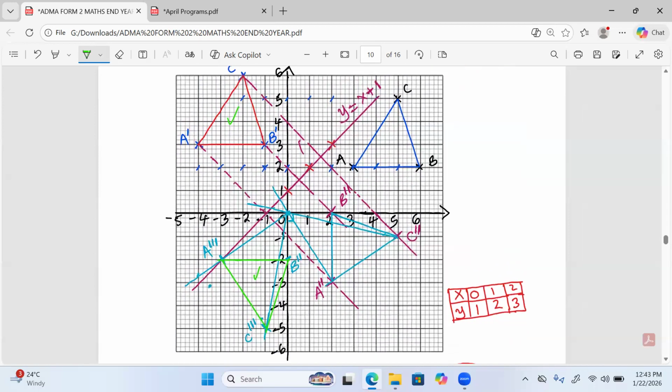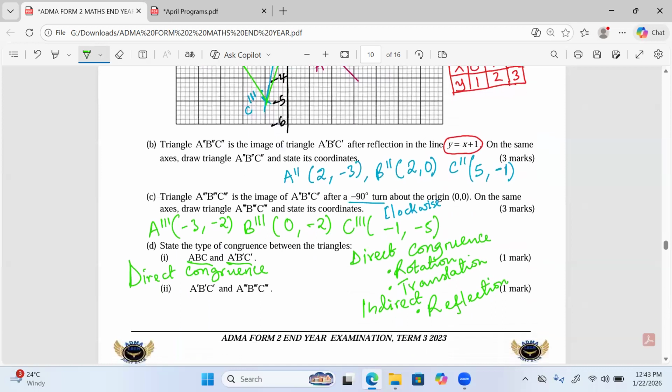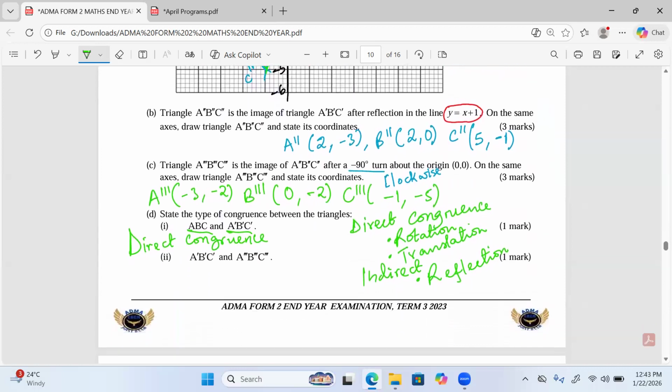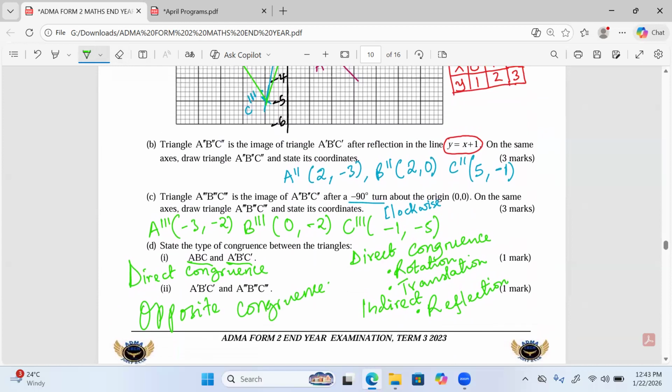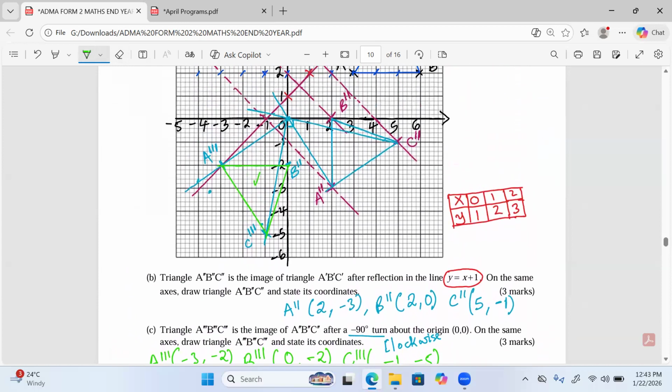So a reflection will give us opposite congruence, or indirect congruence.